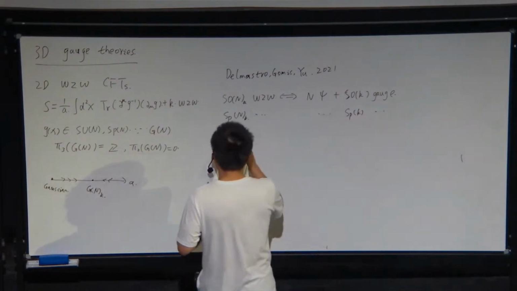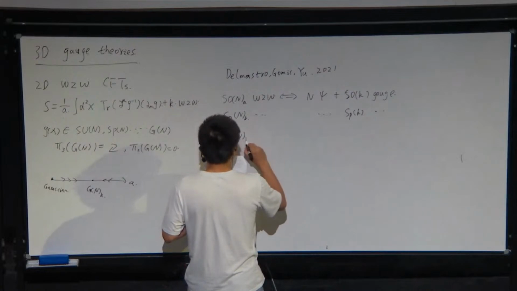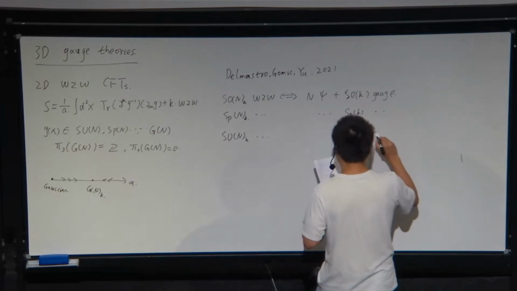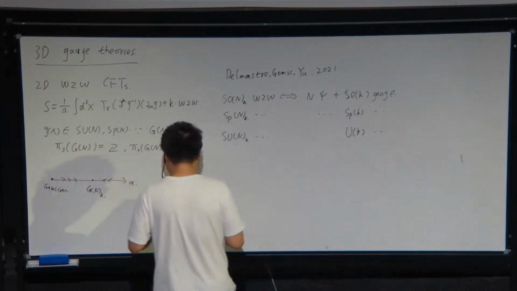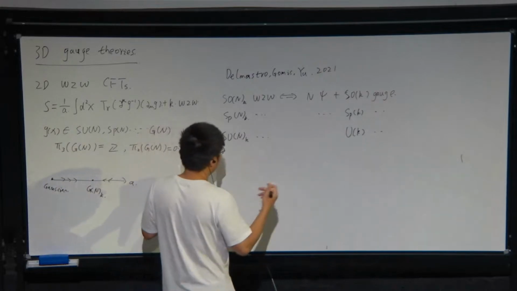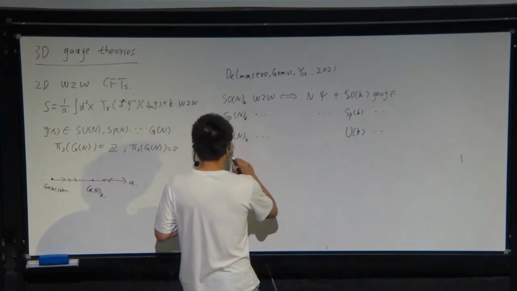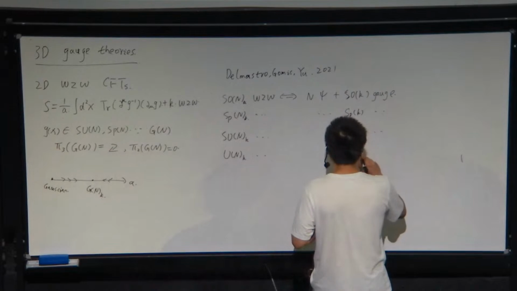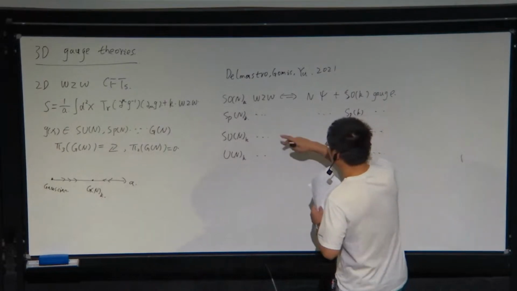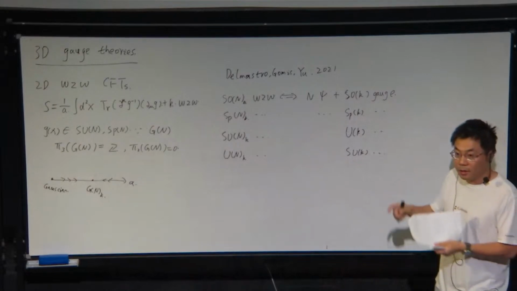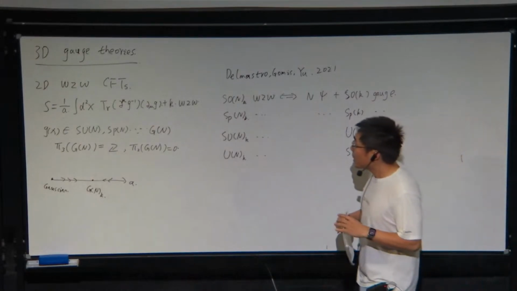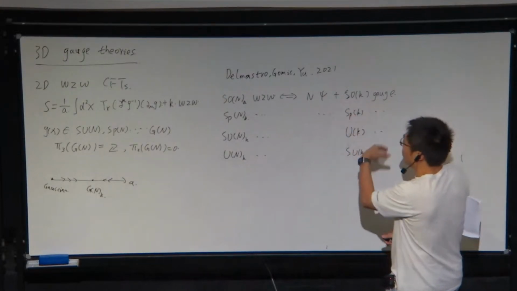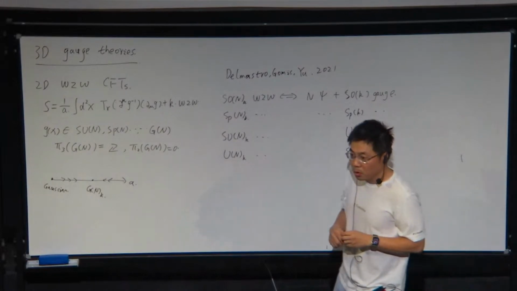And for SU(N) level K, there's a swap: you want to consider a U(K) gauge field instead of an SU(K) gauge field. And for U(N) level K, what you want to consider is an SU(K) gauge field. This swap can also be easily understood by looking at the symmetries. So that is a new way to think about those familiar Wess-Zumino-Witten theories.